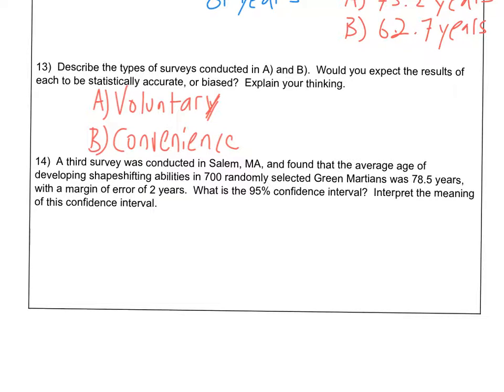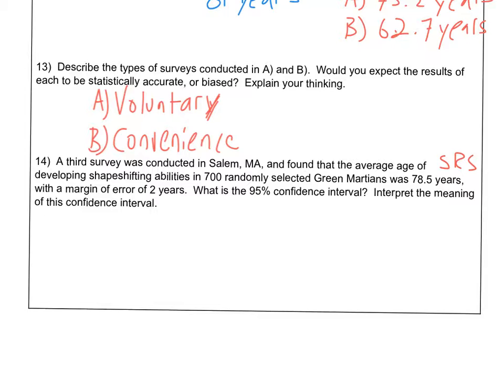For number 14, the third survey being conducted found the average age of 700 randomly selected. By the way, this is a simple random survey, or simple random sample rather, was 78.5 with a margin of error of 2 years. What is the 95% confidence interval?